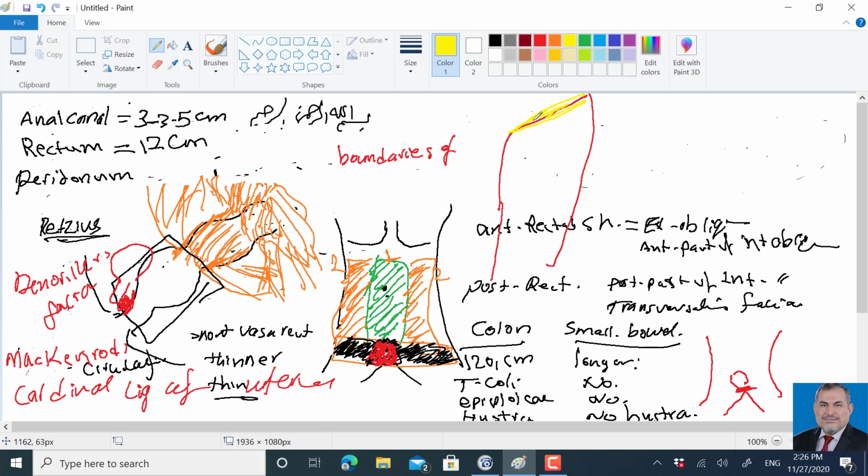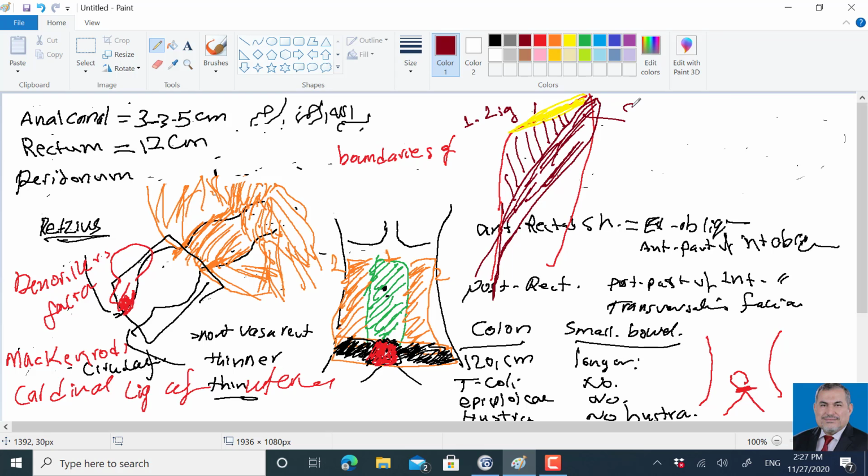This is the inguinal ligament, what we call Poupart's ligament.